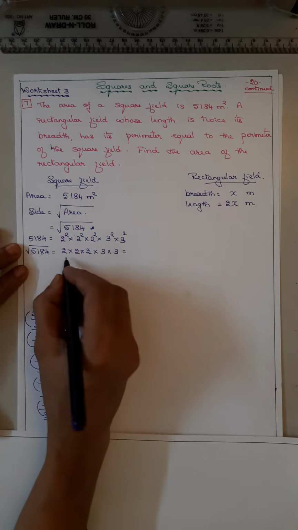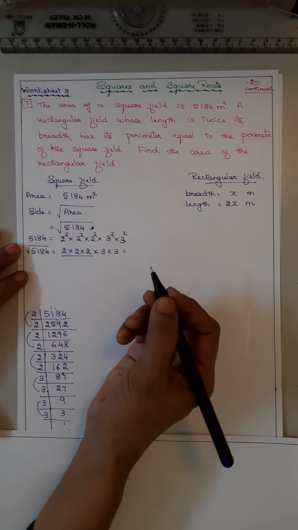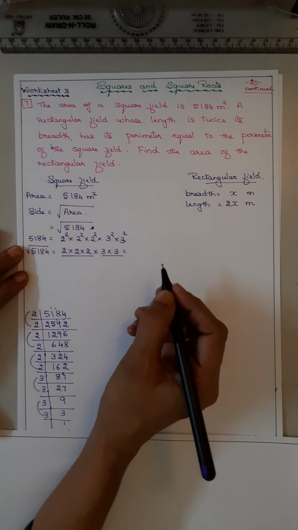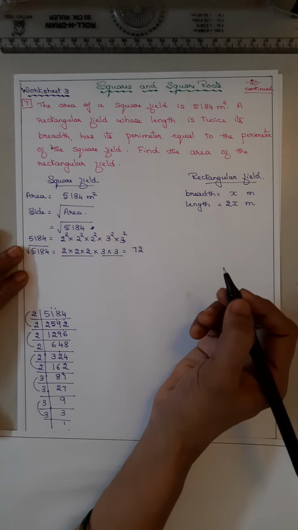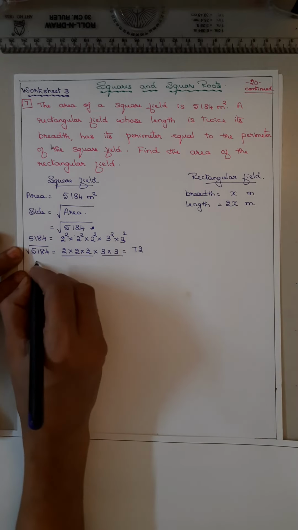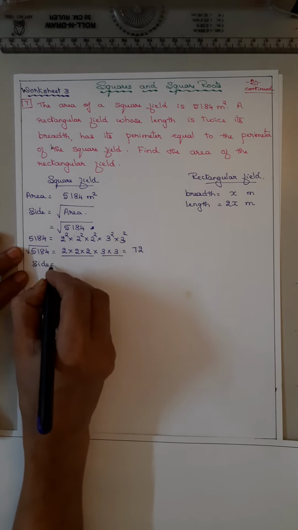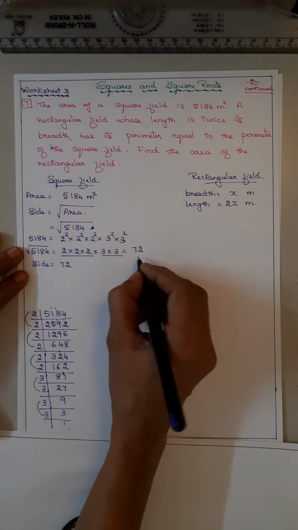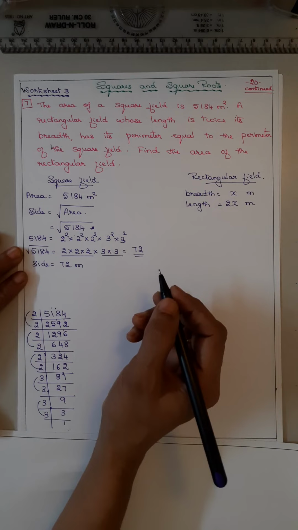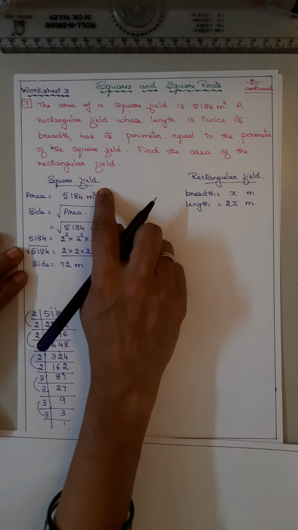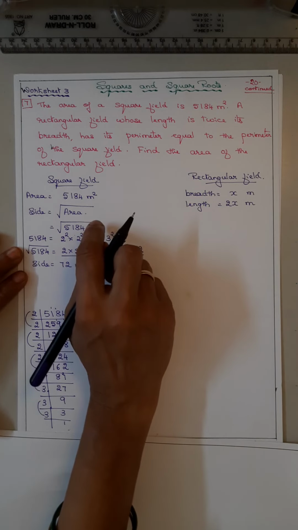When you multiply, 2 2s are 4, 4 2s are 8, 3 3s are 9, 8 9s are 72. So side is equal to 72 meter. Understood everyone?